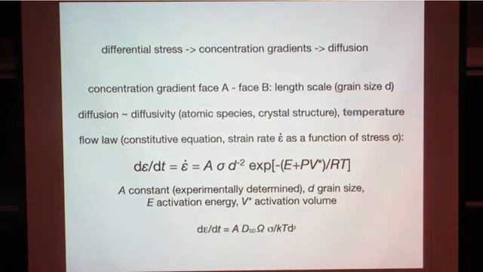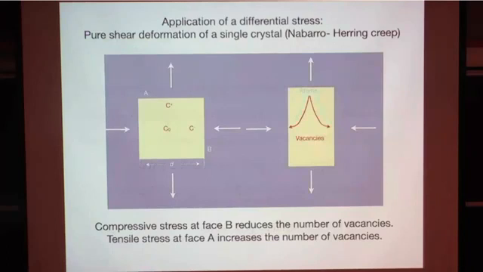And then the other part here, the diffusivity, this is what I was mentioning earlier. The diffusivity in particular depends on temperature, right? This is where the activation energy in the constitutive equation comes from: the higher the temperature, the faster diffusion happens. So how fast that transport happens depends on temperature.